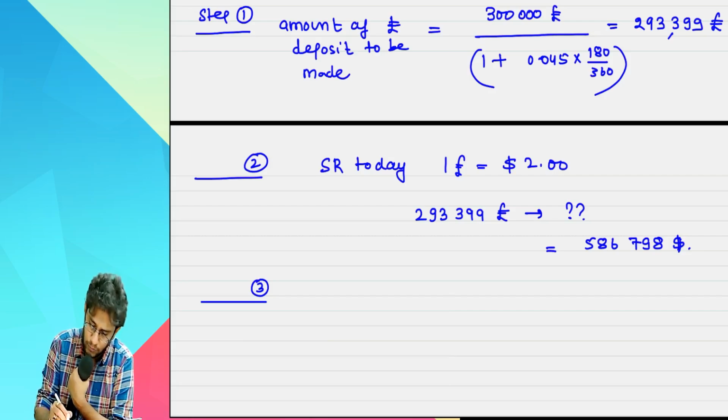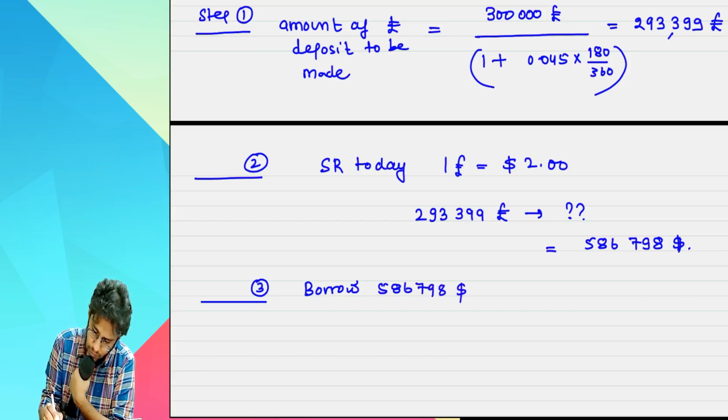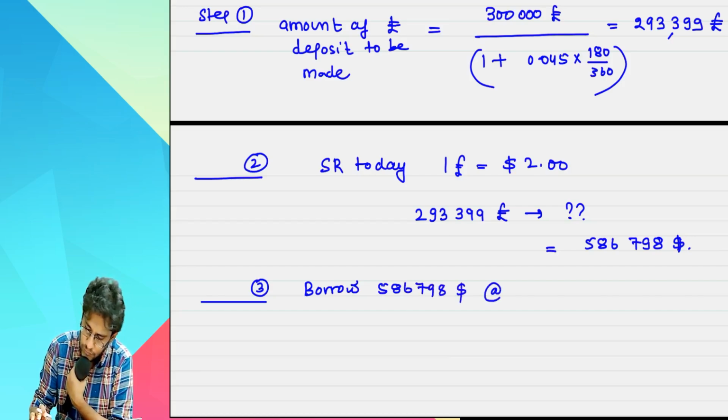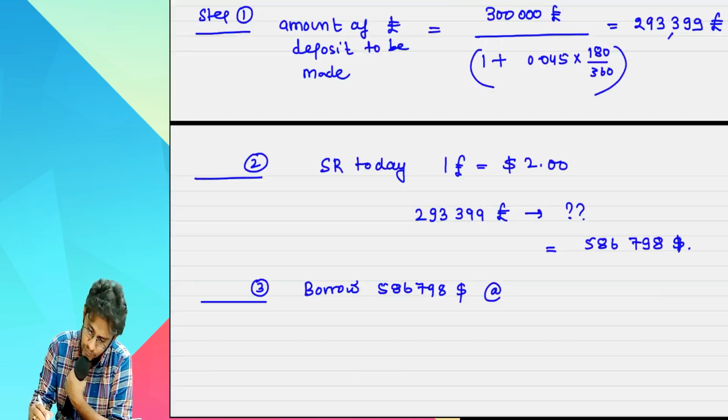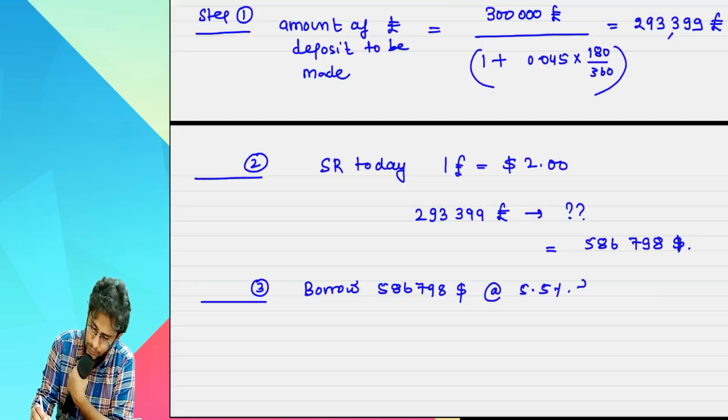So you will not have it, you will borrow this. US borrowing rate 5.5% per annum for 180 days.